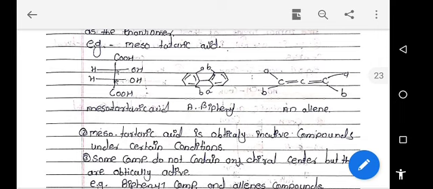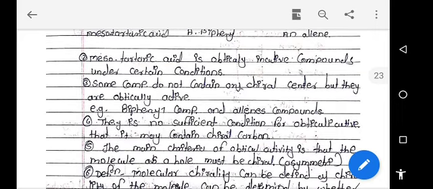Examples: meso tartaric acid, biphenyl and allene. Meso tartaric acid is an optically inactive compound under certain conditions.